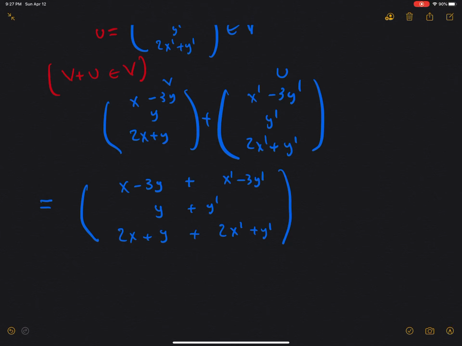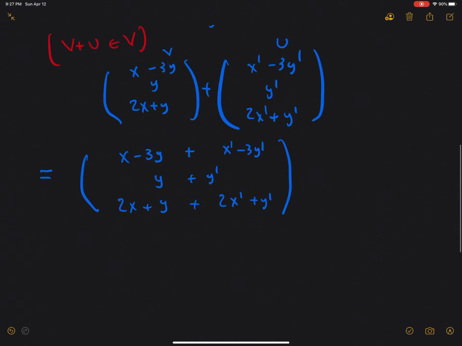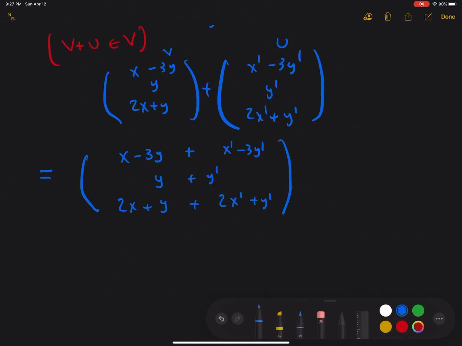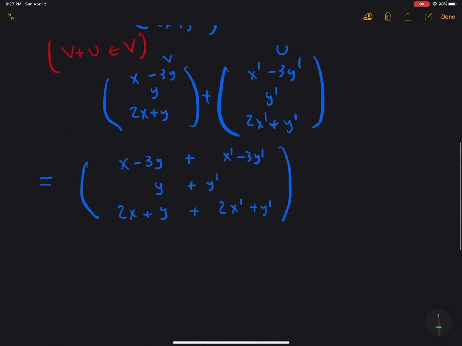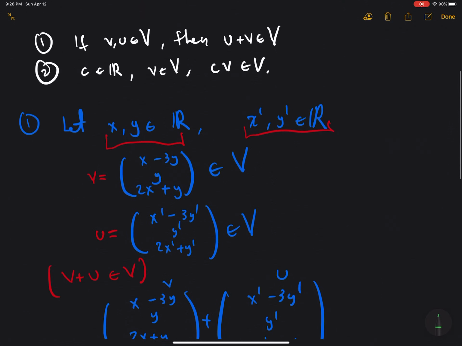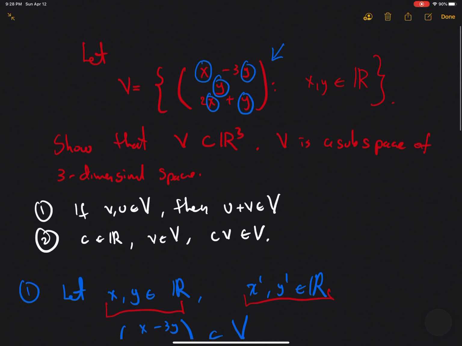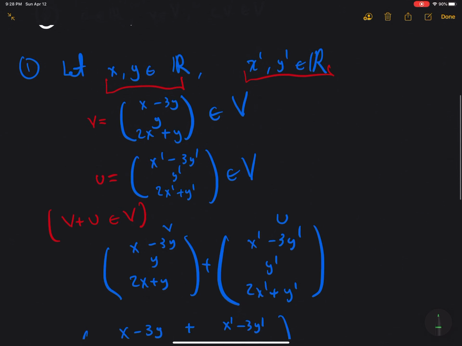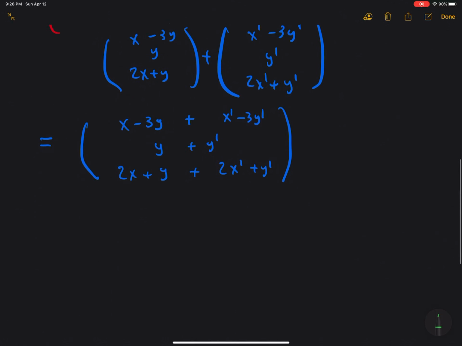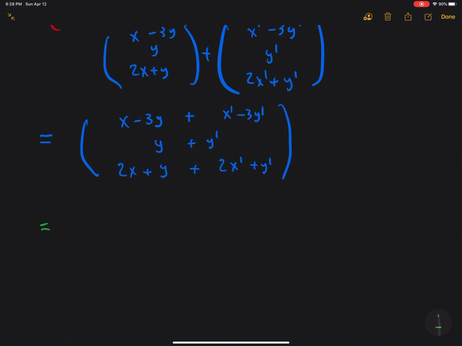Remember that here we have just a single vector. This is not a matrix. This is a vector with three components. What we're aiming for is to write this single vector following the original shape of all the vectors in V. If that's possible, that means that this is also an element of V. And we can actually do this.